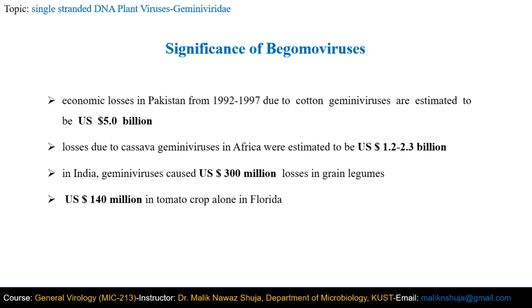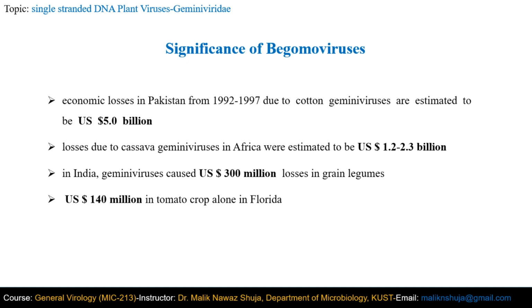Begomoviruses, basically this genus of Geminiviridae, is the most important genus because it is responsible for huge losses in the world. For example, cotton leaf curl Multan virus, which is a well-known species of Begomovirus infecting cotton, and now it has also been reported from other plants.